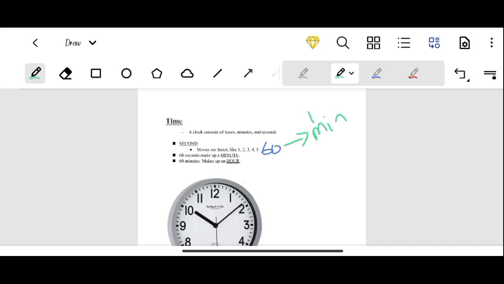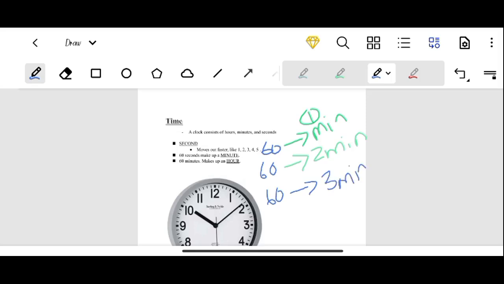It carries on from 1 minute, counts again 1, 2, 3, going forward until it reaches 60 seconds, and then it forms 2 minutes. Again from 2 minutes it carries on, going back 1, 2, 3, 4, to 60 to form 3 minutes. I hope this is making sense.